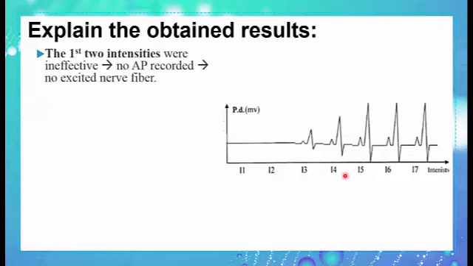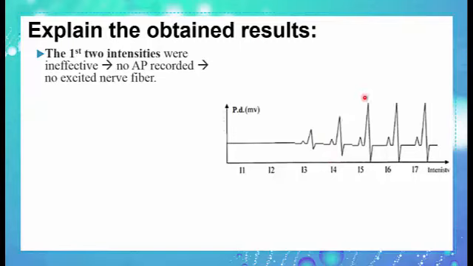For example, if this nerve is made up of 10 nerve fibers, at I3, 3 nerve fibers are excited, so we obtain this amplitude. While at I4, when we increase the intensity, 5 nerve fibers were excited, so the amplitude increases.